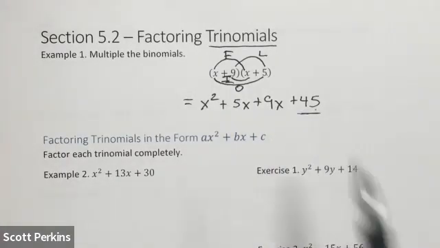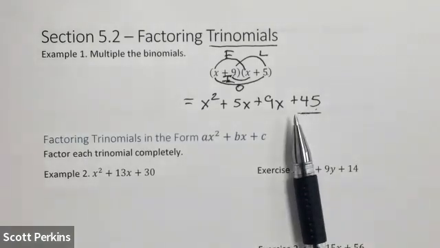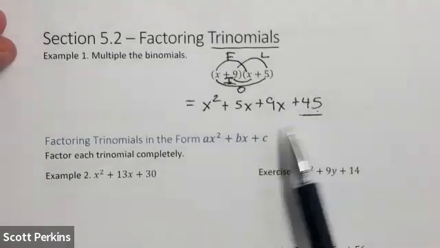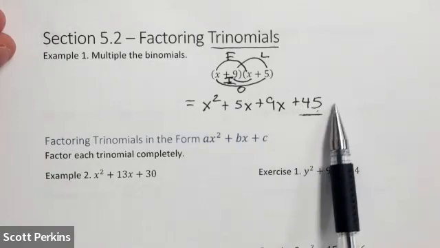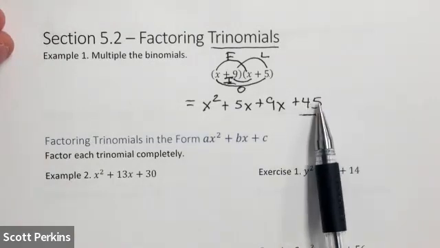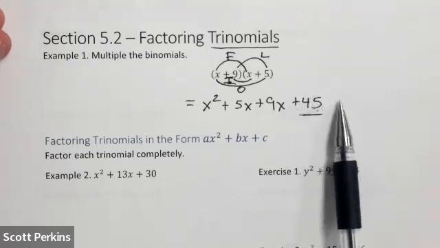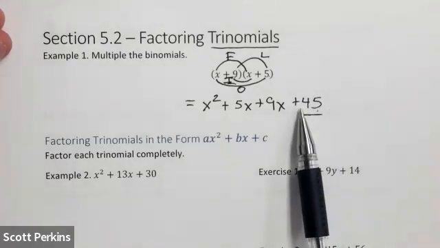When I get a positive value, this is a positive 45, what signed numbers, what times a what, will give me a positive outcome? Either a negative times a negative or positive times a positive. So there's a little bit of information that this last number will help me figure out. And that's going to be, what are the signs of the numbers? So when I have a positive, it's either going to be two negatives or two positives.